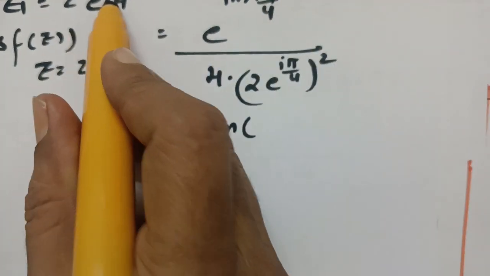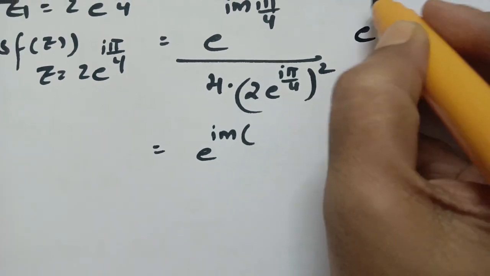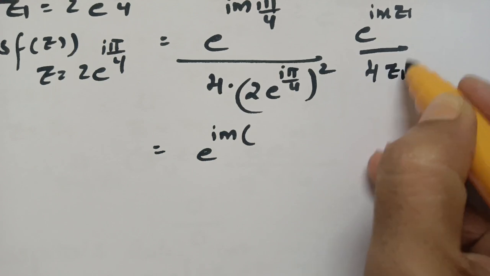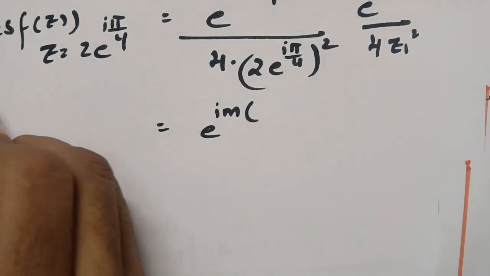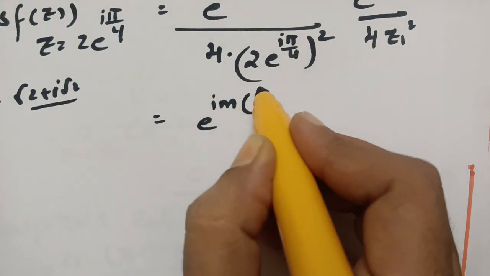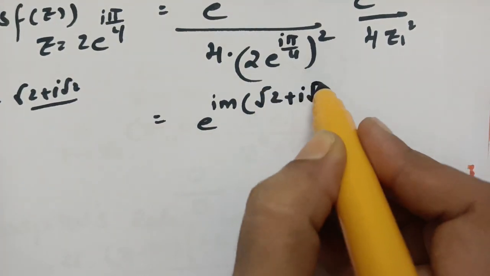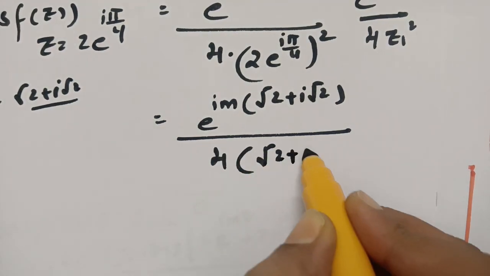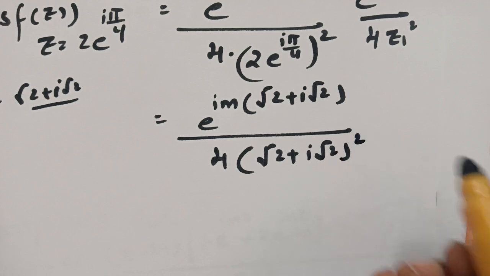In place of z1 if I write this, this is e^(im z1) by 4 into z1 square, where z1 is root 2 plus i root 2. If I substitute this, this will be e^(im(root 2 plus i root 2)) by 4 times (root 2 plus i times root 2) whole square.